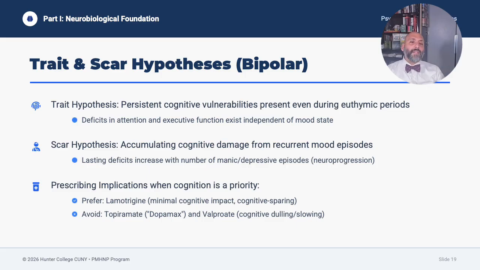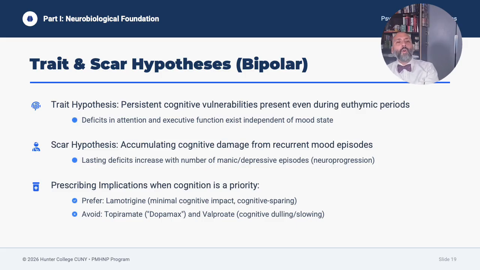So if cognition is a priority, and in bipolar disorder it should be, then medication choice matters a lot. This is where things like lamotrigine come in, because it has minimal cognitive slowing, and is often described by patients as clear or neutral, particularly helpful for bipolar depression and maintenance. The problem is the titration is very slow and we're time crunched, so it doesn't get used until very late.